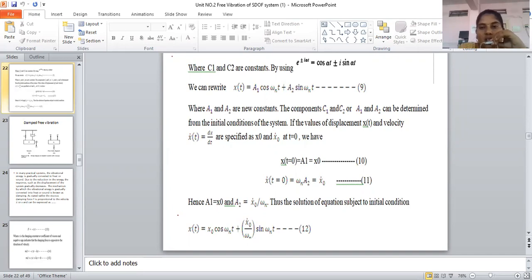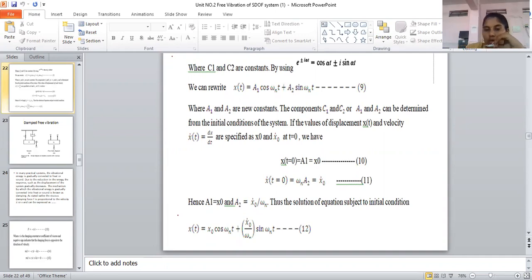In many practical systems, the vibrational energy is gradually converted to heat or sound, and due to the reduction in energy, the response, such as displacement of the system, gradually decreases. The mechanism by which vibrational energy is gradually converted into heat or sound is known as damping. As stated earlier, we already know the viscous damping force is proportional to the velocity, and it can be expressed as follows.